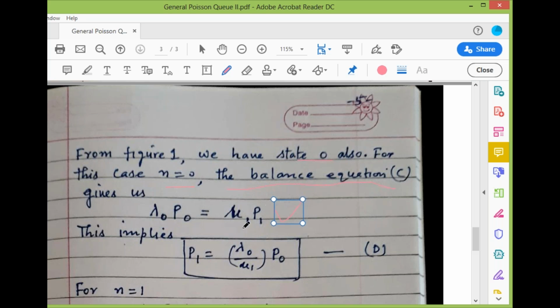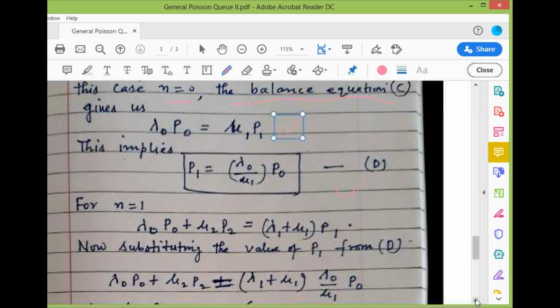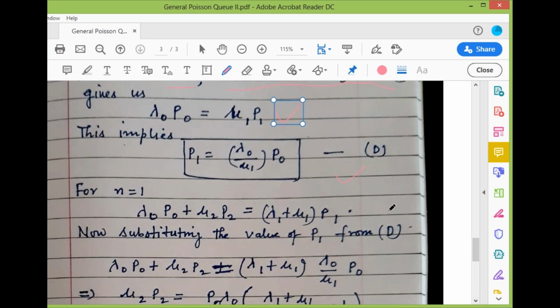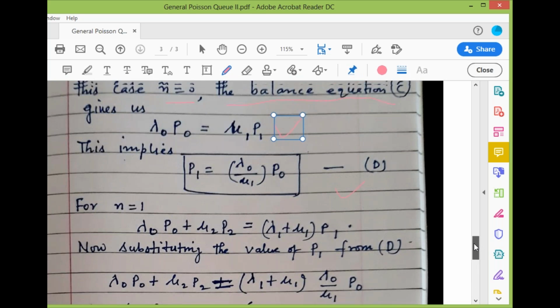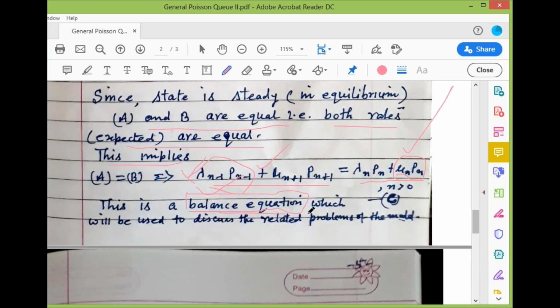So from here P1 is equal to lambda naught upon mu1 times P naught. This is equation number 3. In the same equation, n is equal to 1. Let us go in a hurried manner.